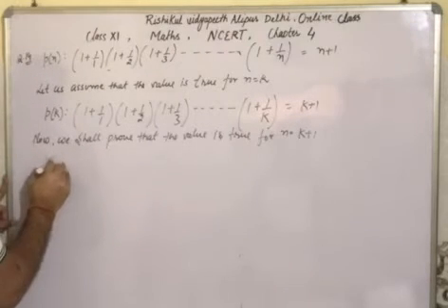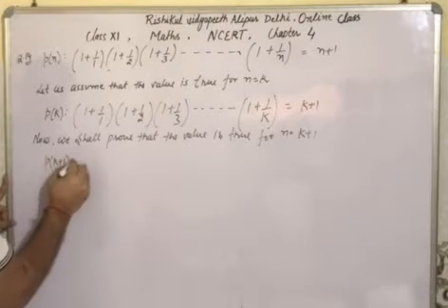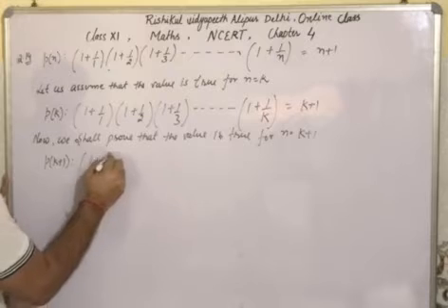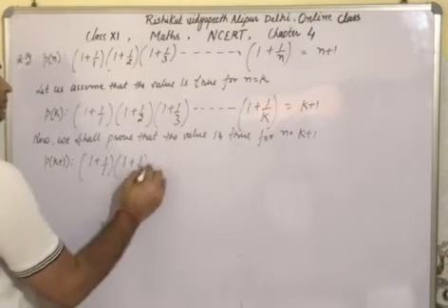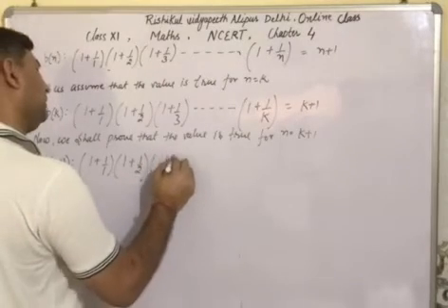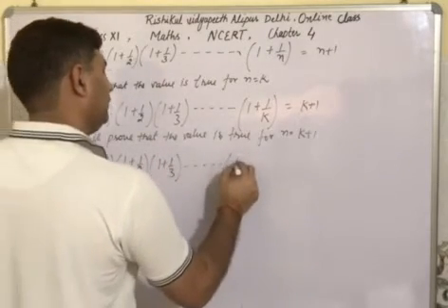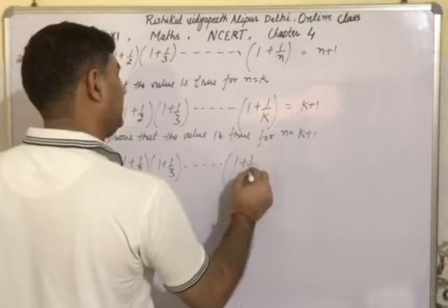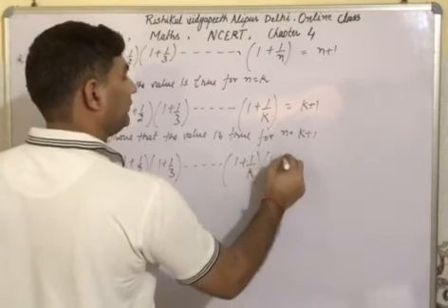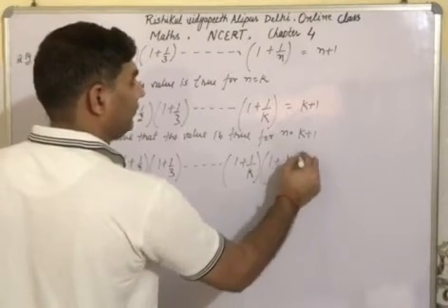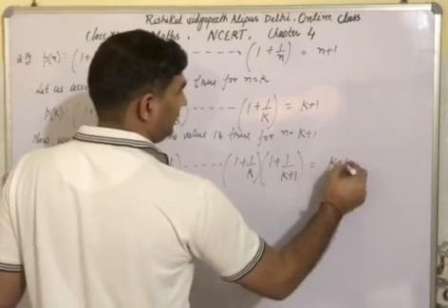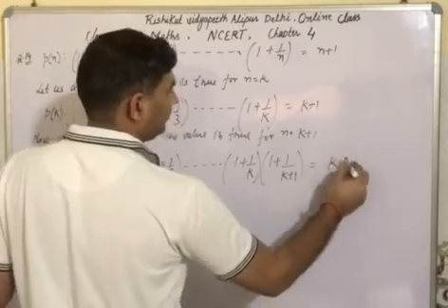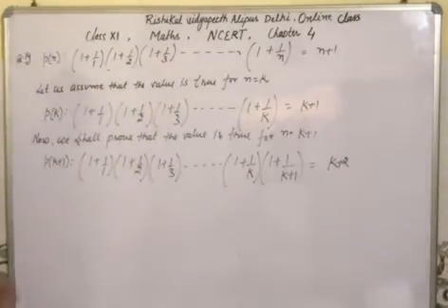Then P of k plus 1: 1 plus 1 by 1 into 1 plus 1 by 2 into 1 plus 1 by 3 and so on up to 1 plus 1 by k and 1 plus 1 by k plus 1 is equal to k plus 1 plus 1, that means k plus 2. We have to prove that this value is k plus 2.